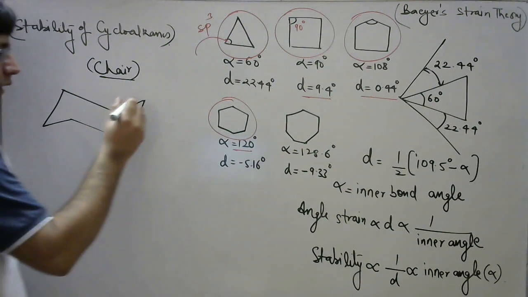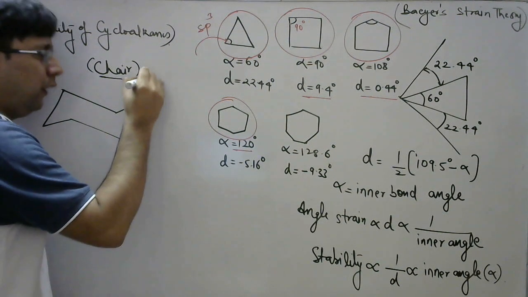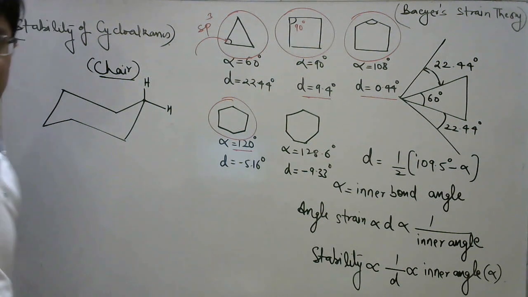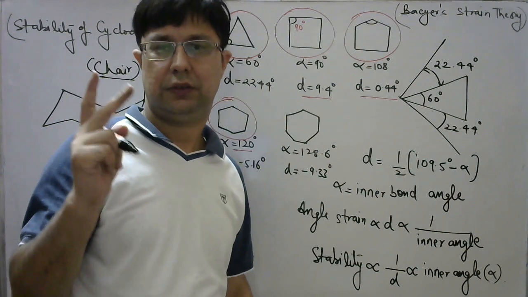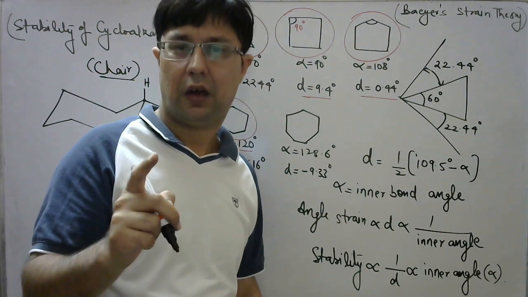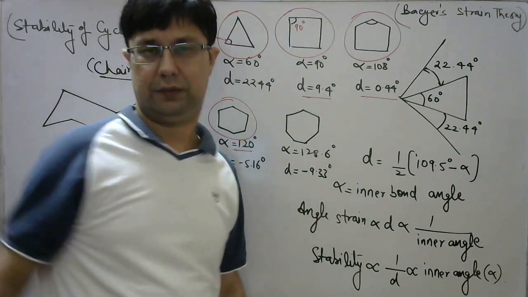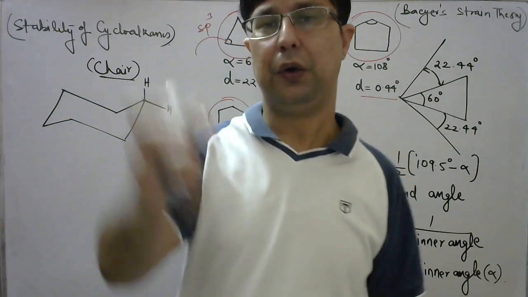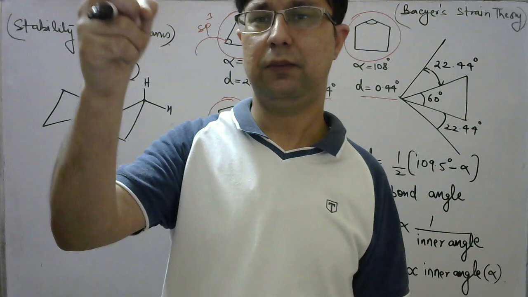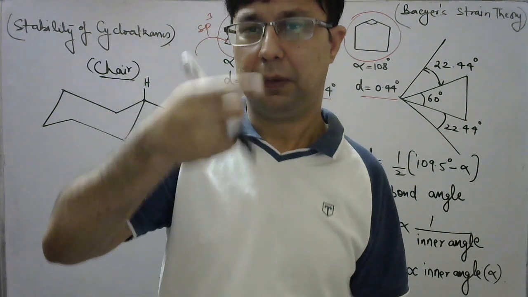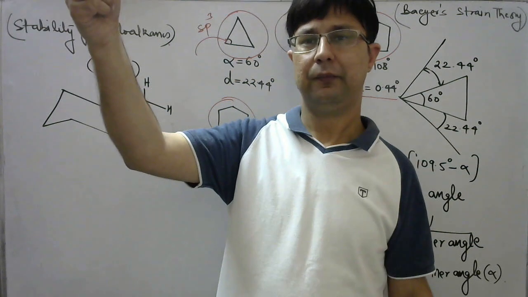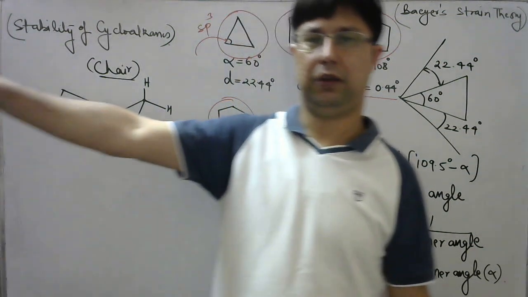And I can say one thing, that every carbon atom has two types of bonds. One we call axial, another we call equatorial bond. The axial bond is perpendicular to the plane of the molecule, and the equatorial bond is on the plane of the molecule.